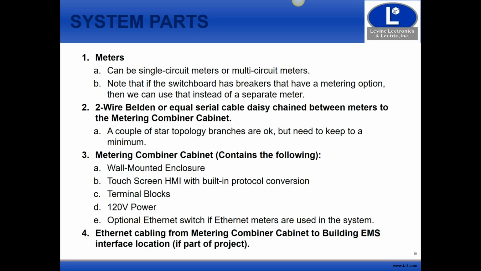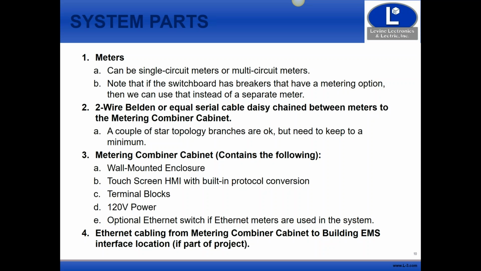Terminal blocks, and we need 120 volt power to that panel. And then if we happen to have some meters that are Ethernet Modbus, then we can put in a network switch in there. We're going to bring those in to combine all those together. We don't run into that a lot, but we do run into it sometimes.